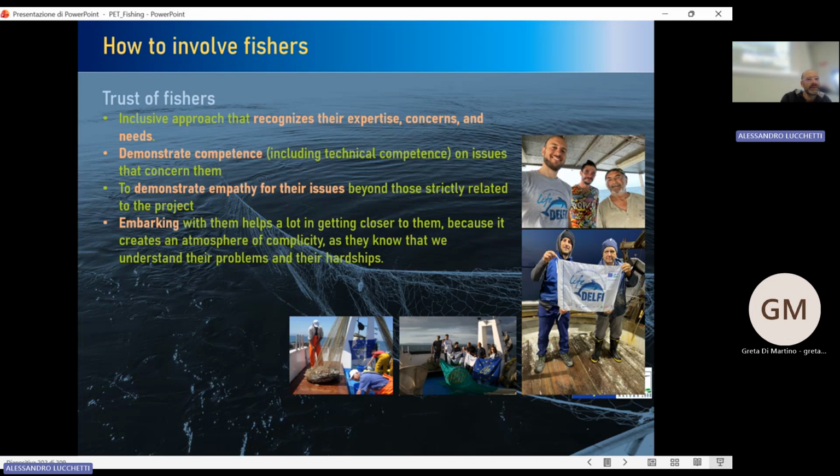When you start saying, oh, you are using this mesh, it is 70 millimeters, or 60 millimeters, he starts to recognize your experience in this field, and then you can get the trust of fishers step by step. You have to construct empathy with them.